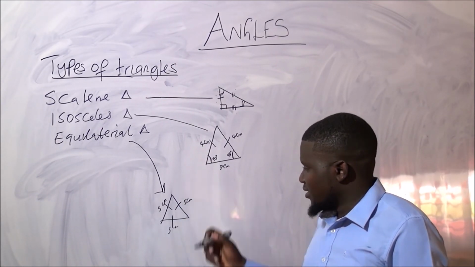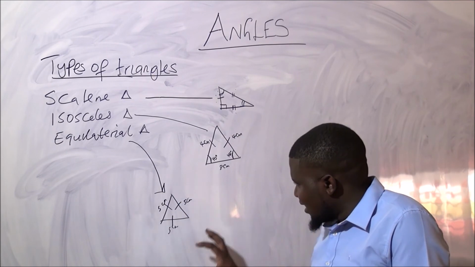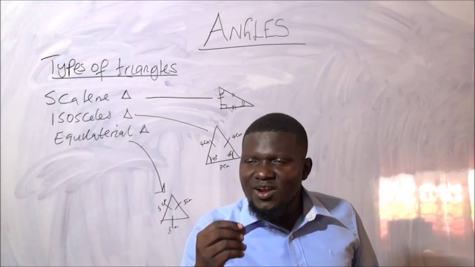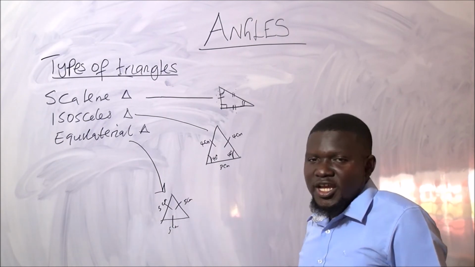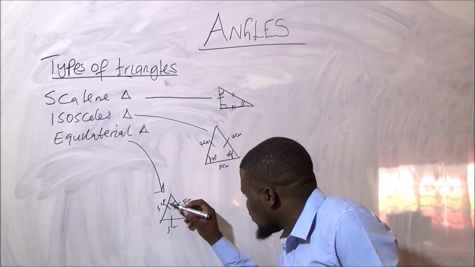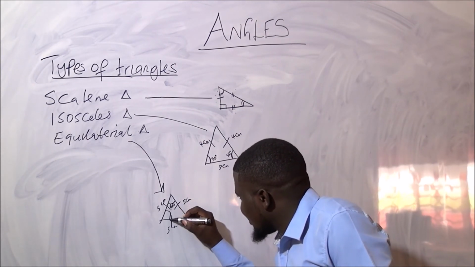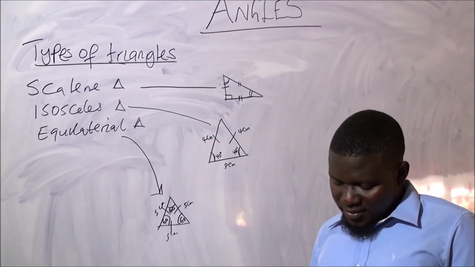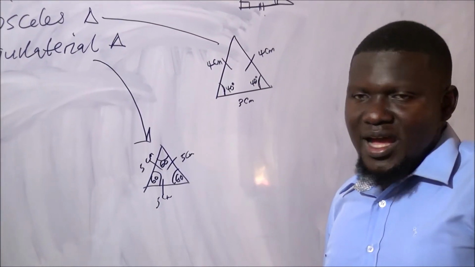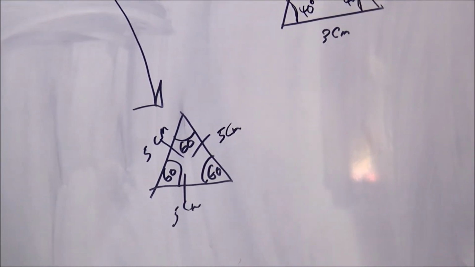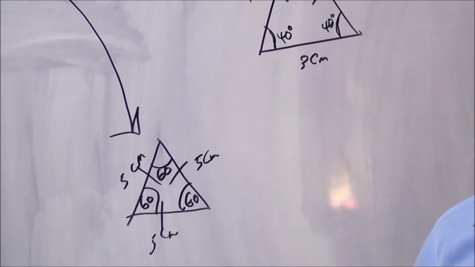If all the sides are equal, every angle of this shape is equal. Each angle is 60 degrees, and there is 60 degrees, and there is 60 degrees. As long as it is equilateral, each angle is equal to 60 degrees.